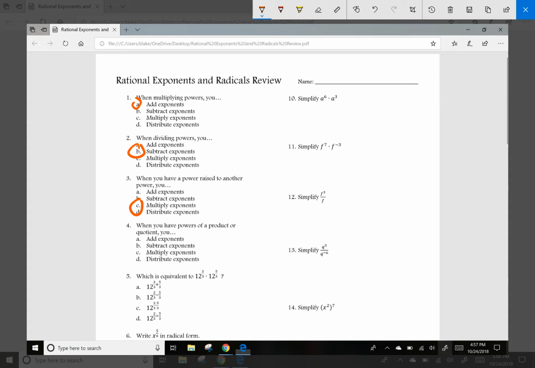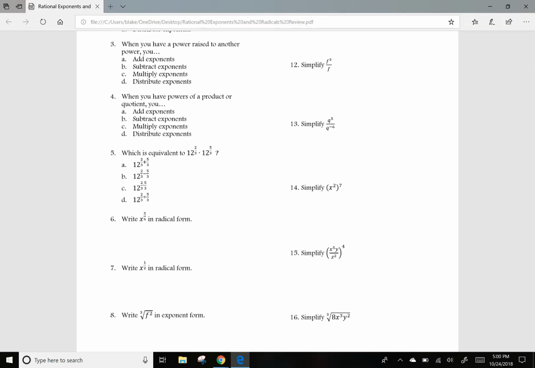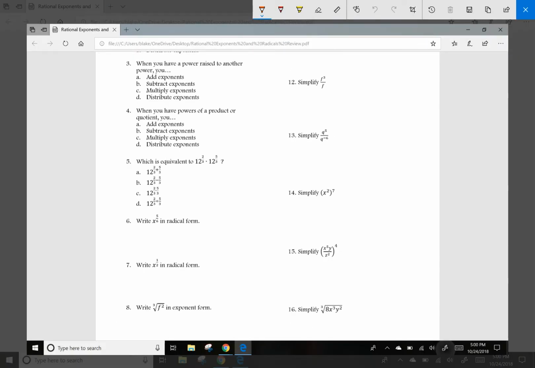There you go. All right, number 4. When you have powers of a product or quotient, you distribute the exponents. That's sort of like number 15. Again, this doesn't work if there are any plus signs or minus signs in those parentheses, but there's no plus sign or minus sign, so you just distribute the exponent. So everything inside these parentheses is getting raised to the 4th power.